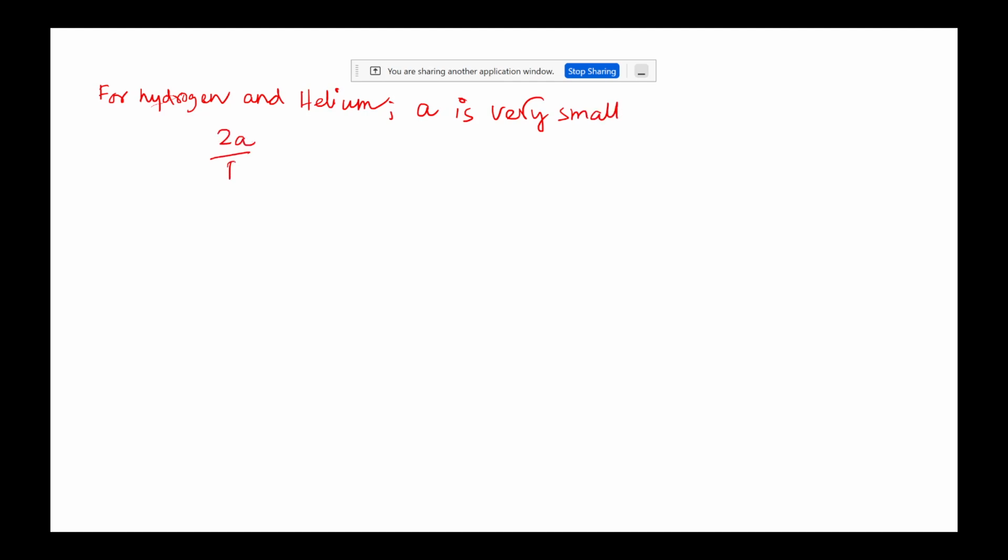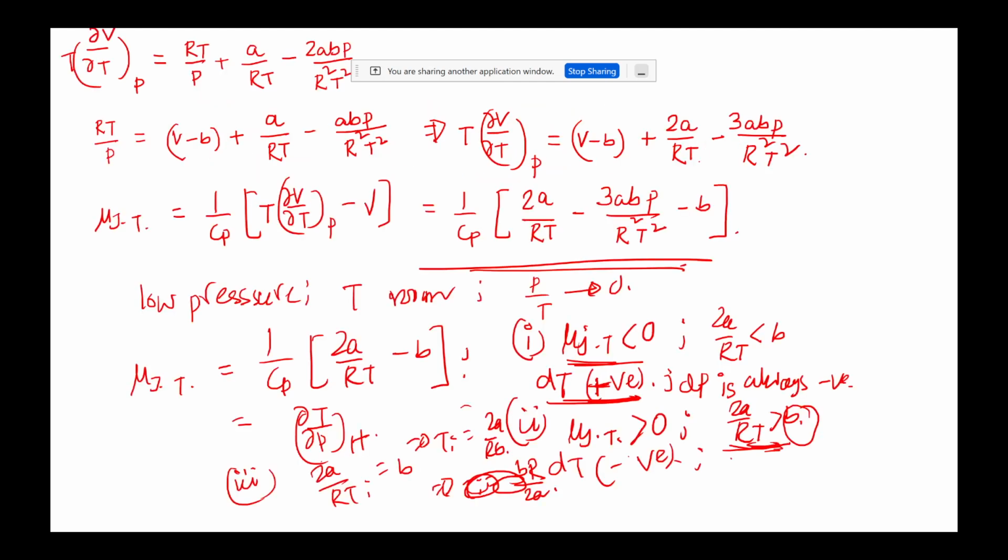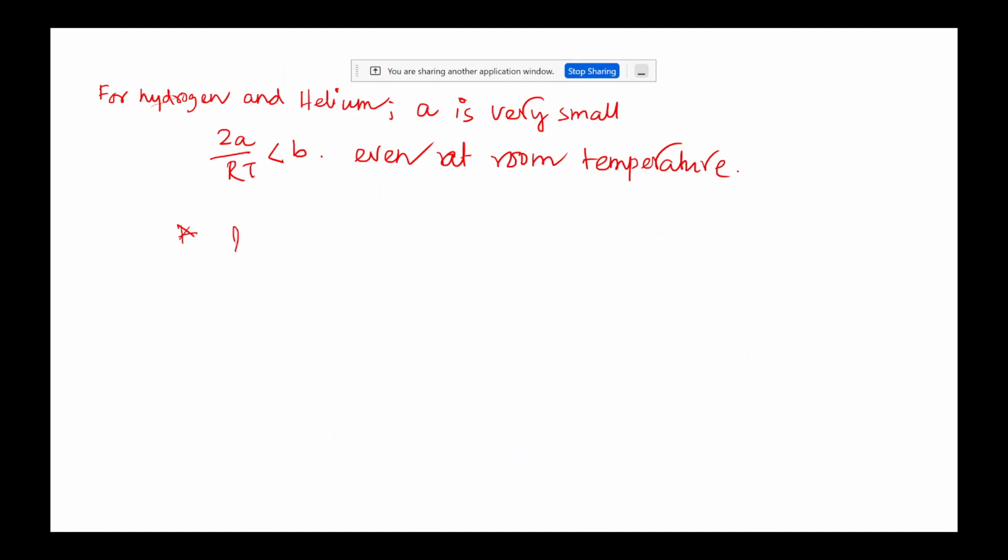There, 2A by RT actually gets less than B even at room temperature. So from this expression, mu JT will be negative. That's why for hydrogen and helium there will be heating even at room temperature.